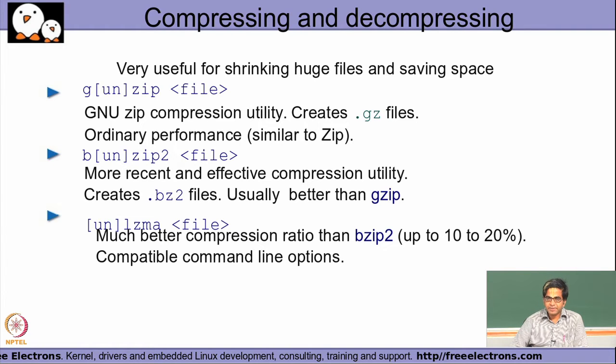So, all compression utilities will basically delete the original file which was given to them, because the intent behind running a compression utility is only to save disk space. If this compression command were not going to delete the original file, it would create a new compressed file and the original file would also be retained.